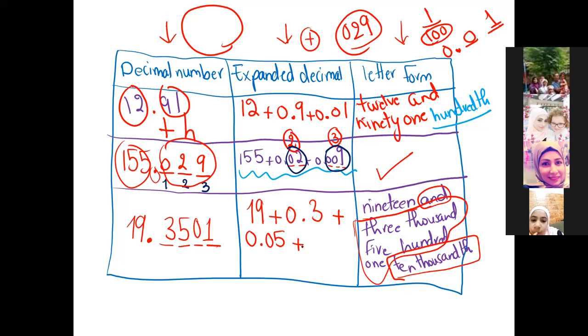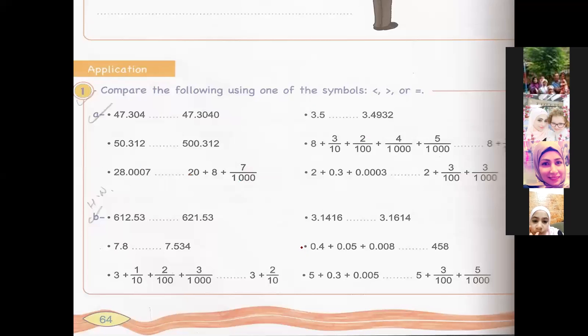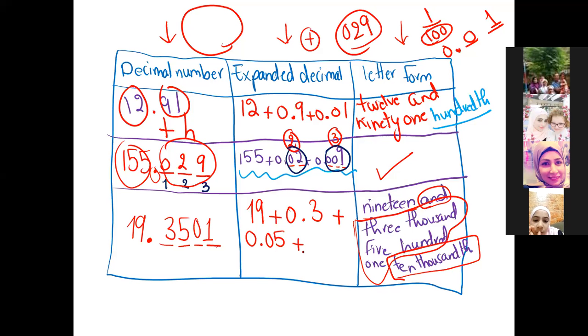Plus, the 0 we can skip it. No need to add 0. Plus, we can skip it. Let's write 1.